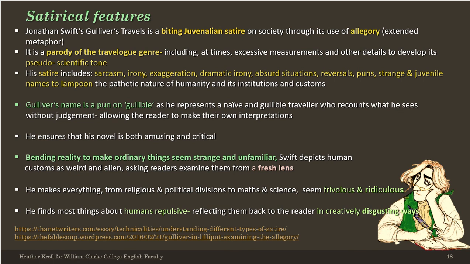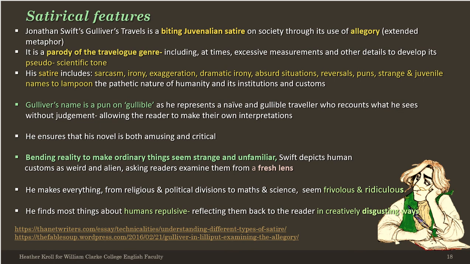So Gulliver's name is a pun on gullible, so that's another humorous technique, because he represents a naive and gullible traveller who recounts what he sees without judgment, and the beauty of that is it allows the reader to make their own interpretations. So if we look at Coleridge's idea of the suspension of disbelief, is that the reader makes a kind of contract with the writer of a particular text, and we agree to enter the fantastical world or the world of the text.